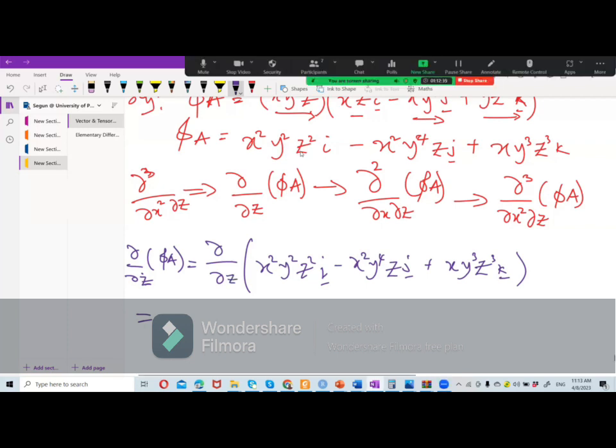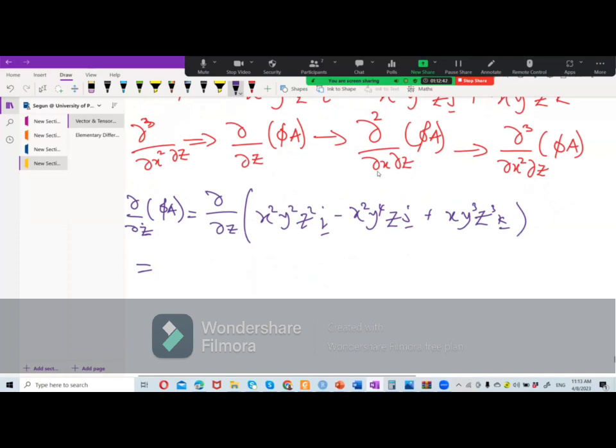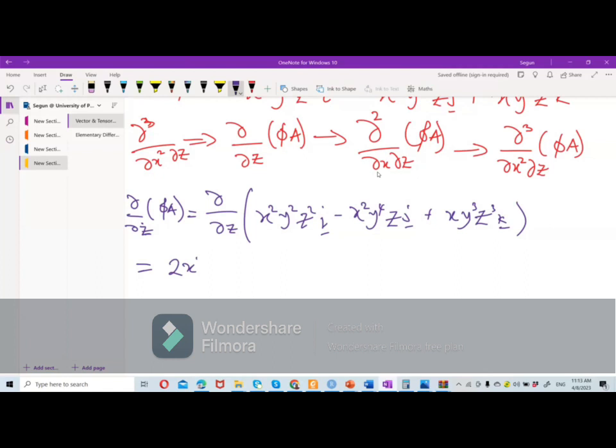So the answer will be what? The first one will be 2x squared y squared z i, minus x squared y4 j, plus 3xy3 z squared k. So that is the first answer.